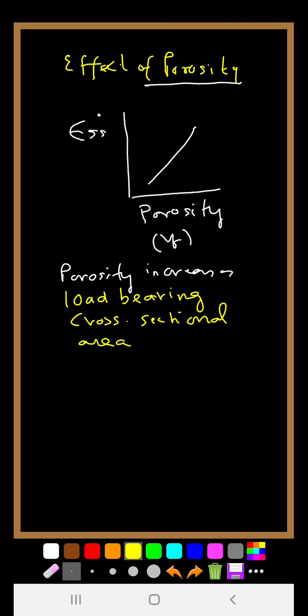The load bearing cross section area is found to decrease with increase in porosity, and so it leads to a higher creep rate. So the material creeps rapidly.